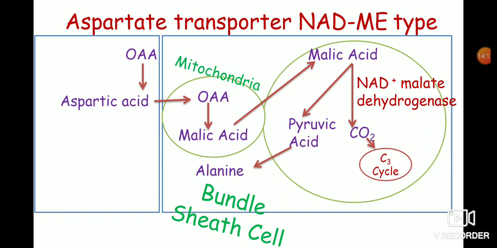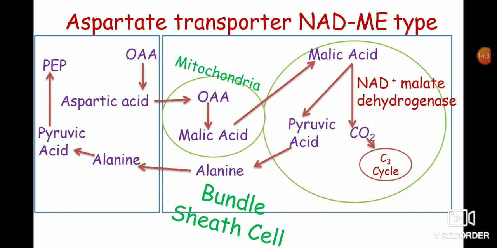The pyruvic acid is then converted to alanine by amination. The alanine then enters into the mesophyll, where by deamination it forms the pyruvic acid, and the pyruvic acid gets converted to phosphoenol pyruvic acid.